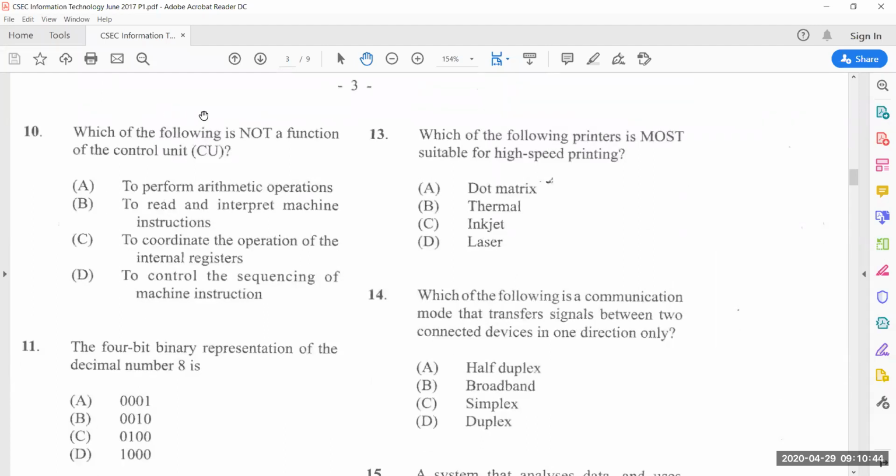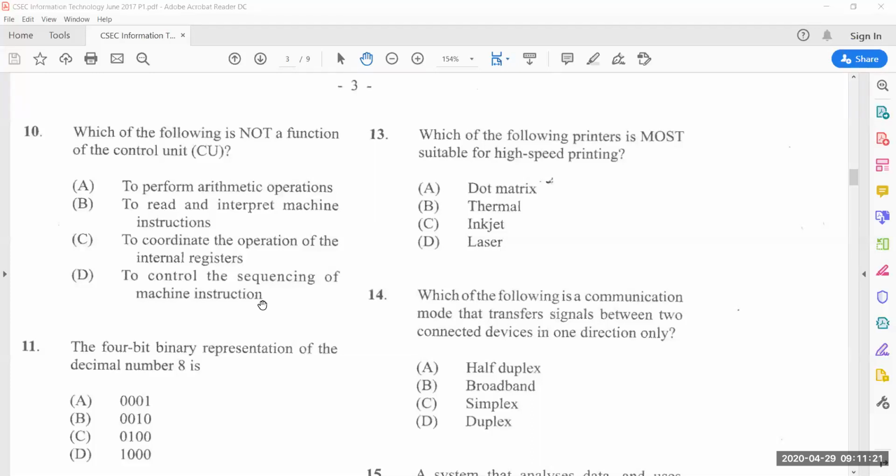Okay, which of the following is not a function of the control unit? B. Okay, so we have to perform arithmetic operations, to read and interpret machine instructions, to coordinate operation of internal registers, and to control sequences of machine instructions.